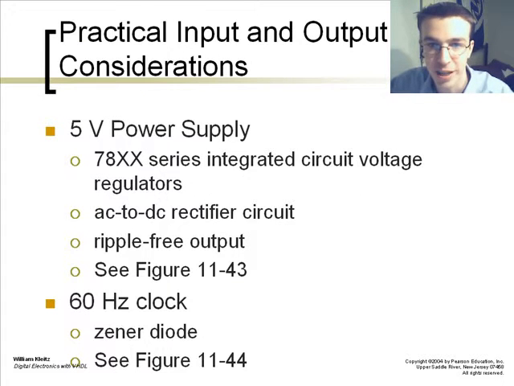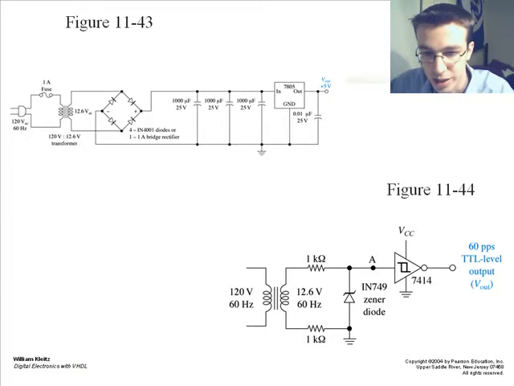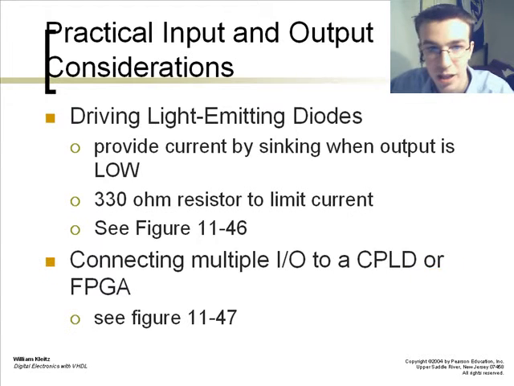Practical input and output considerations. Usually use a 5 volt power supply with a 60 hertz clock, which is a Zener diode you use that for. With the Zener diode, it regulates the clock right here into the Schmitt Trigger 7414.